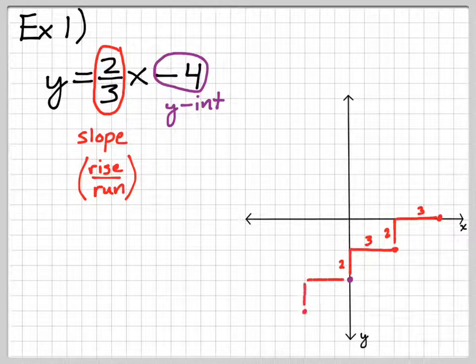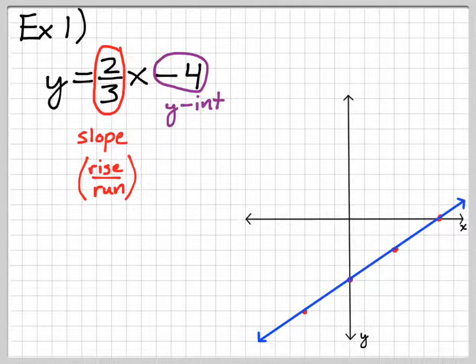So I can also go back 3, which is -3, and down 2, which, from this red spot right here, is also rising 2 and running 3 like before. So it's okay to go backwards. Now I just connect all those dots with a straight edge, and I have my line for this equation.